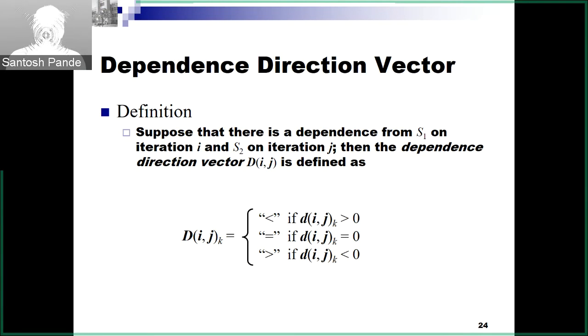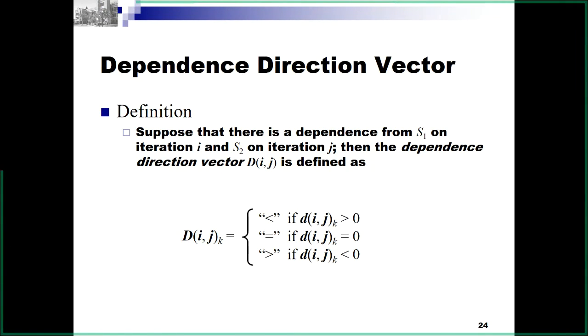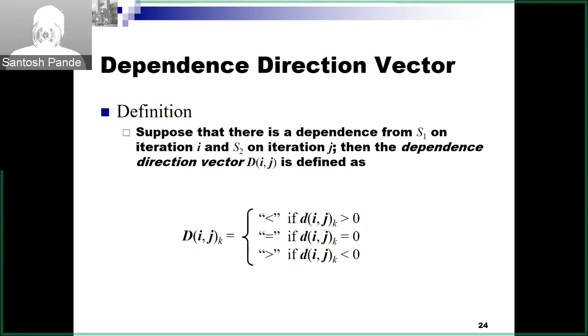And that is typically used by transforms to perform the changes by determining the kind of dependence it is. So we had looked at it earlier in terms of whether this was an anti-dependence or a flow dependence, and then trying to do some changes based on that. So that's where this information is useful.